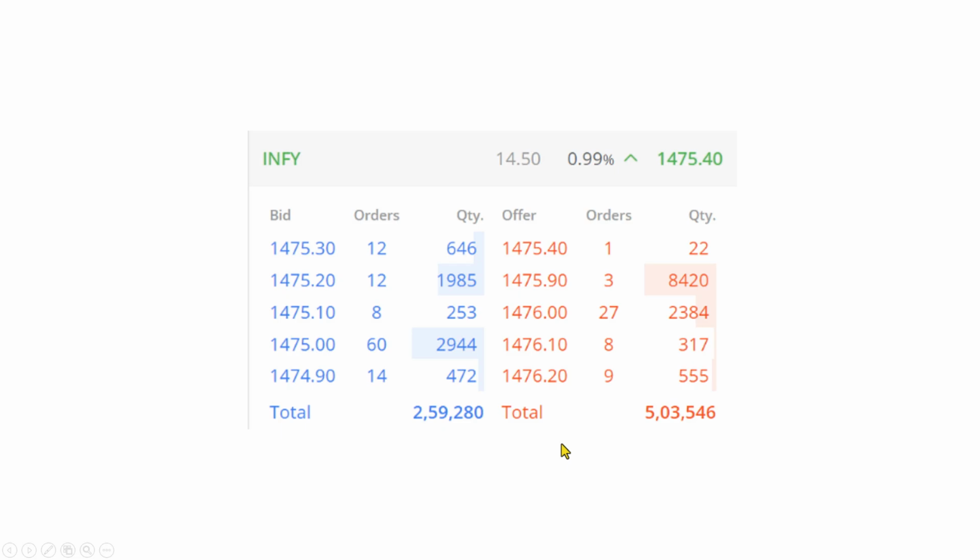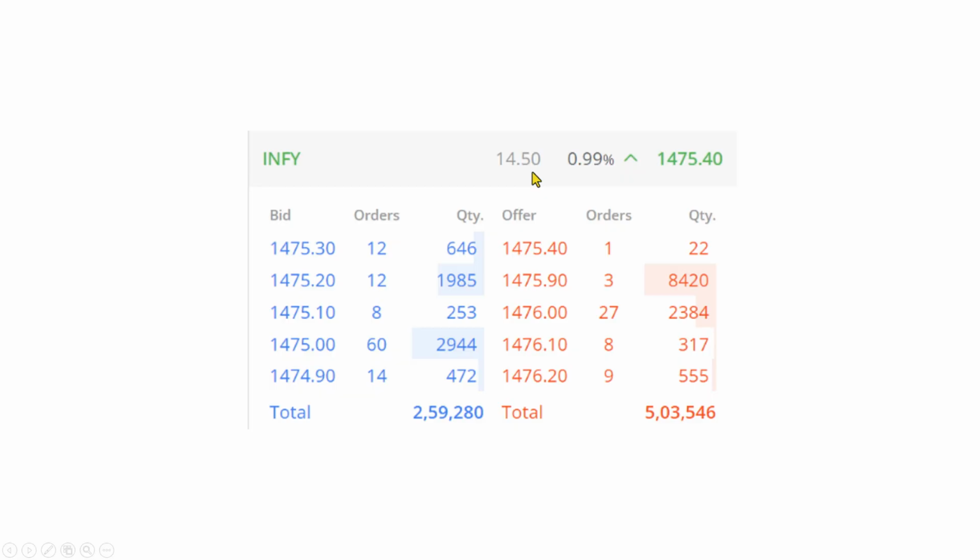Now here, this tells that the stock is up by 14 rupees and 50 paise when compared with yesterday's closing price.